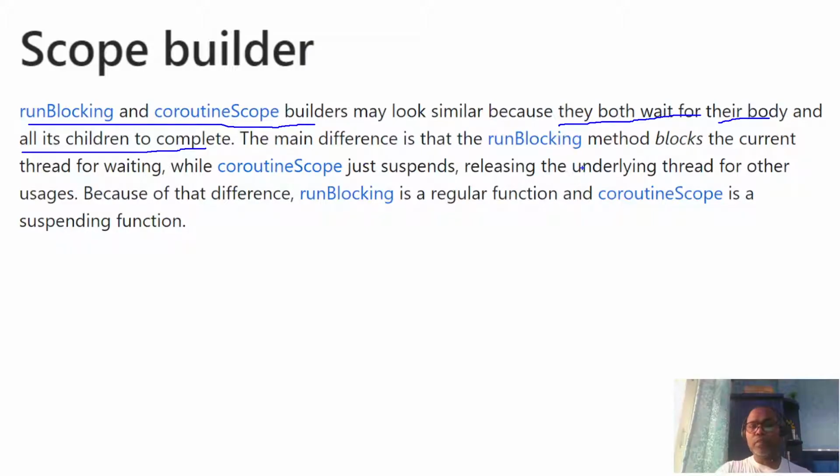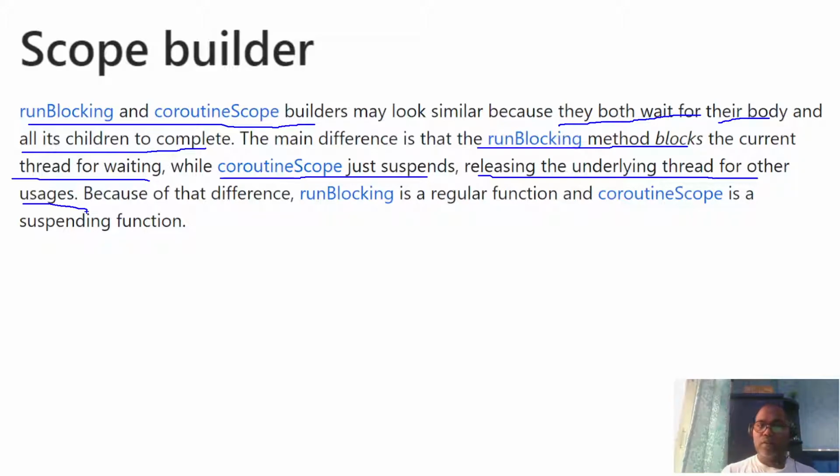The main difference is that runBlocking blocks the current thread for waiting, while coroutineScope just suspends, releasing the underlying thread for other uses. Whenever you use runBlocking, it means you are blocking your current thread. In our example, I want to block the main function until all the coroutines are completed, so we are using the runBlocking scope builder.